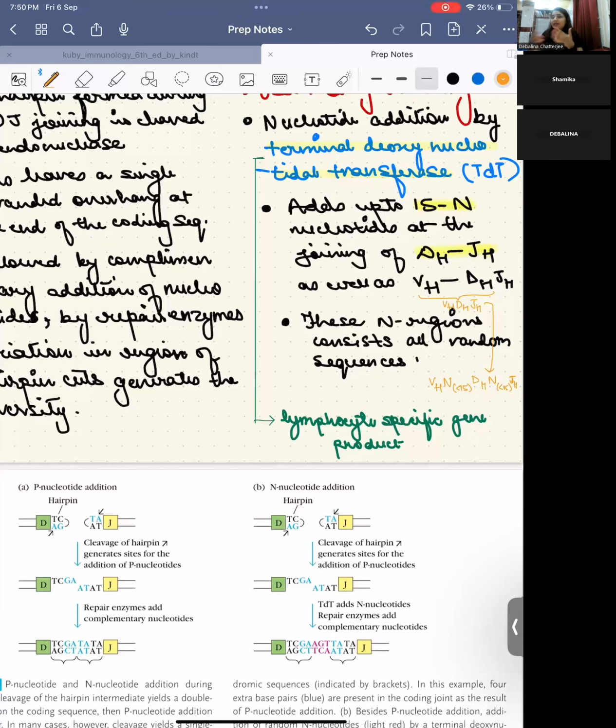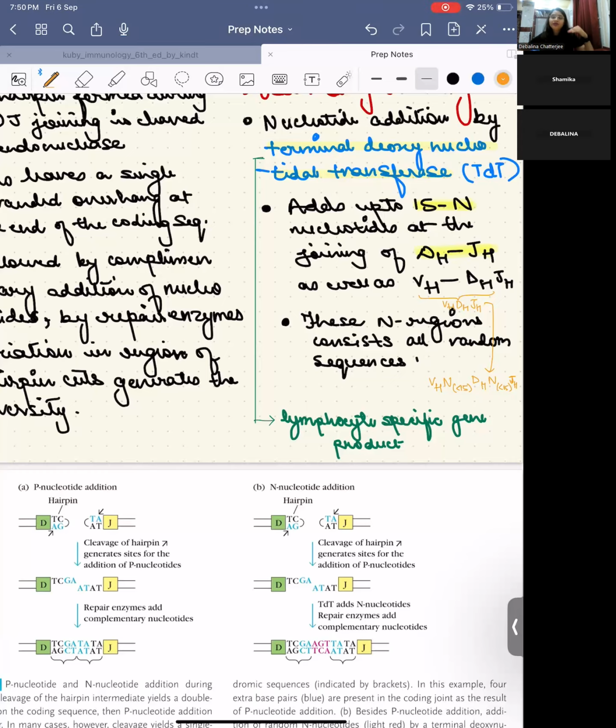Now the genes that are getting transcribed will produce a transcript that does not have a hydrophobic domain anymore, because the antigen has already been encountered. The VDJ region of this particular B cell is fixed.